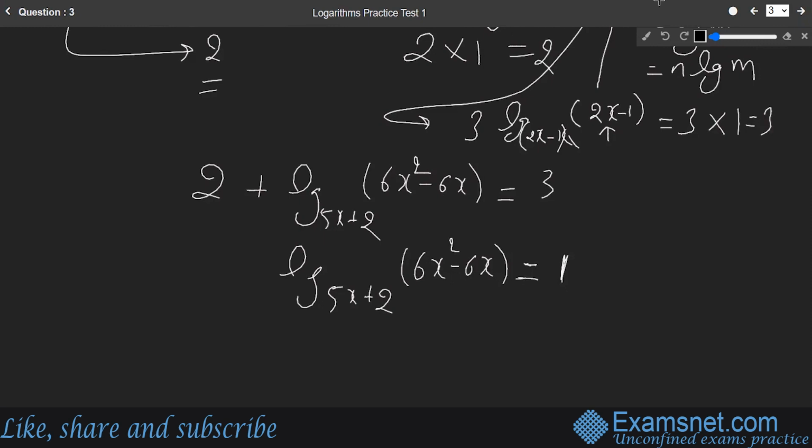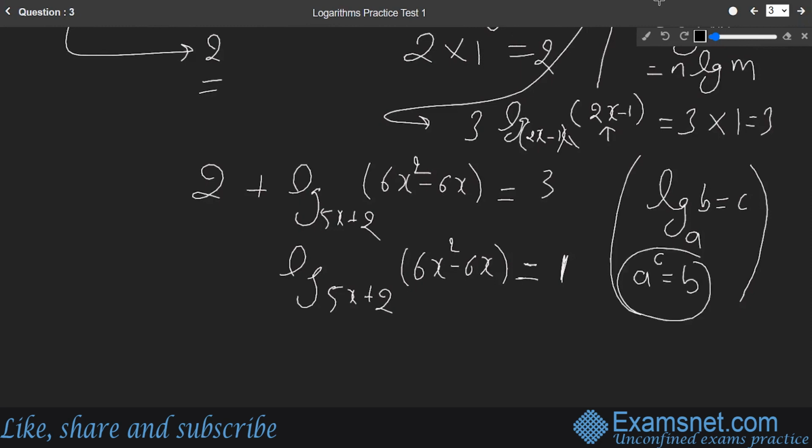Now there is one more property we can use here. What is that property? If log base A of B is equal to C, in the mathematical form they are connected as A to the power C is equal to B. This can be applied here also.